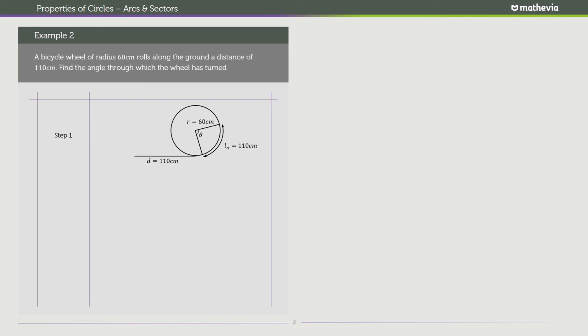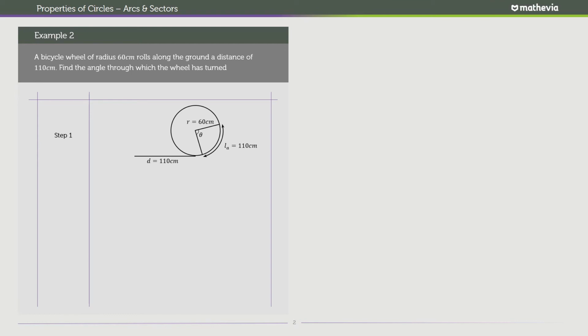For every distance it covers on the floor, it rotates through a particular angle. The distance covered is equal to the length of the arc on the wheel.